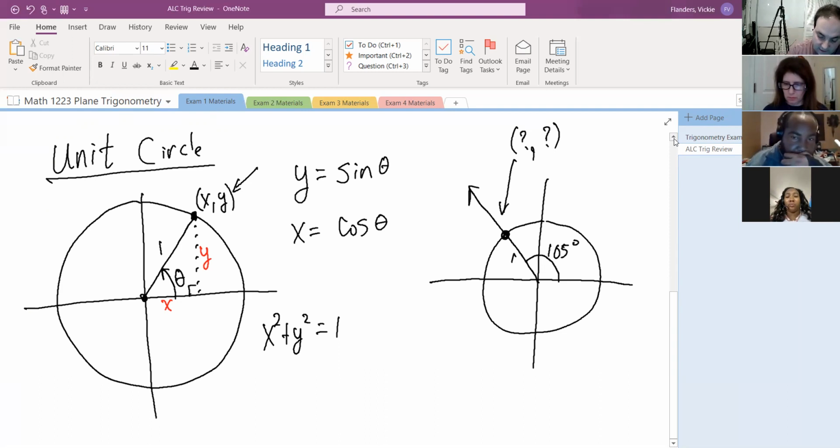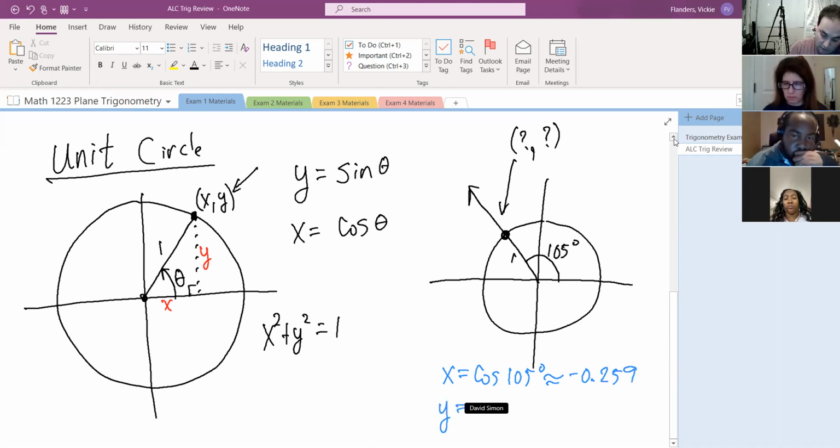Well, that would be easy enough to calculate using what we've just talked about. I could then say that x is equal to the cosine of 105 degrees, which, make sure your calculator is in degree mode, I have negative 0.259.